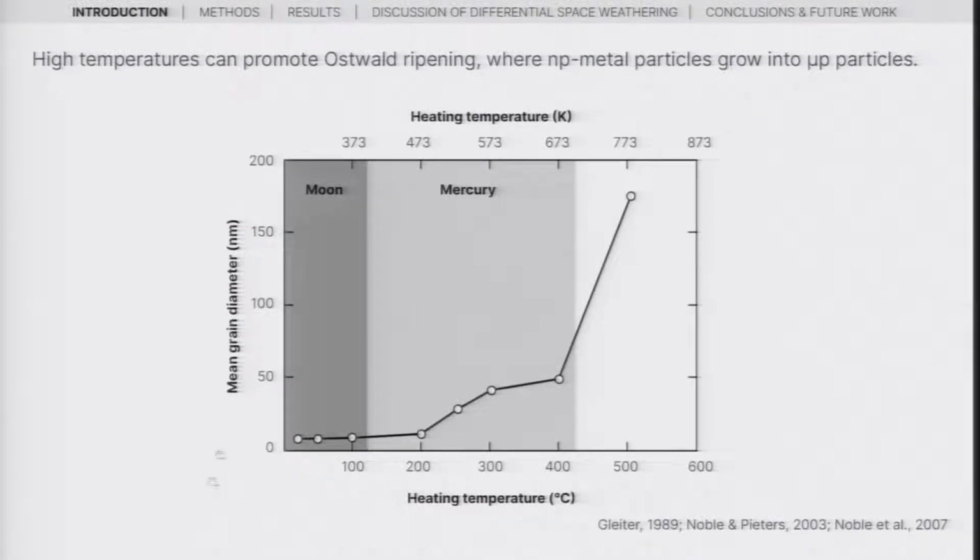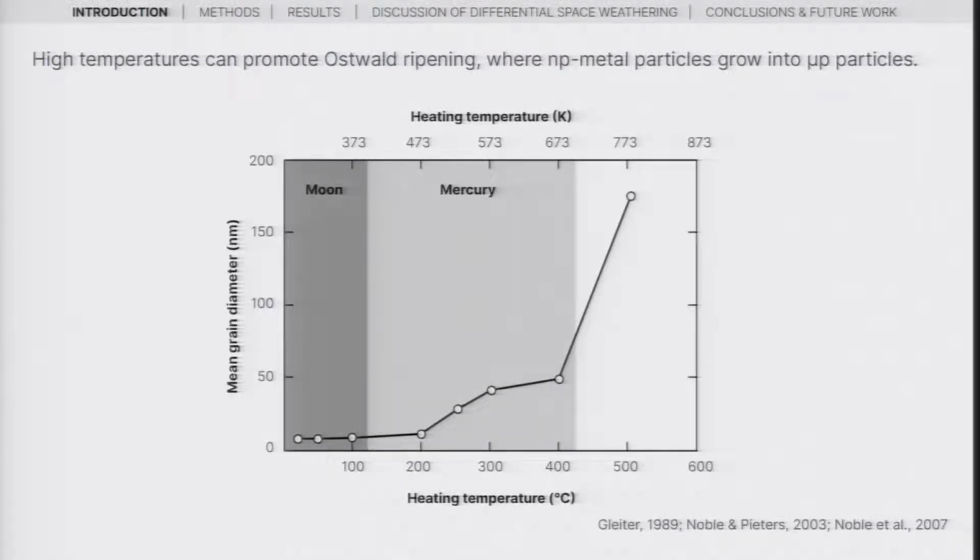And what they showed is that at temperatures below around 200 Celsius, there's not a very efficient growth process occurring. But once you reach some sort of threshold temperature, maybe around 400 degrees Celsius, you get this very efficient growth process where the iron particles can thermally anneal and grow to larger particles in a matter of about 10 hours in the laboratory environment.